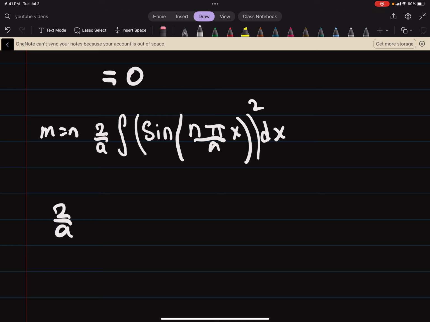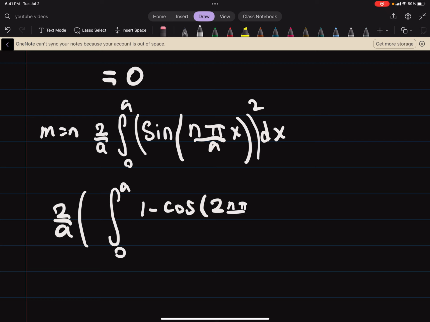This is the same thing as the integral from 0 to a, these are our bounds, of 1 minus cosine of 2 times n pi over a x, all over 2 dx.